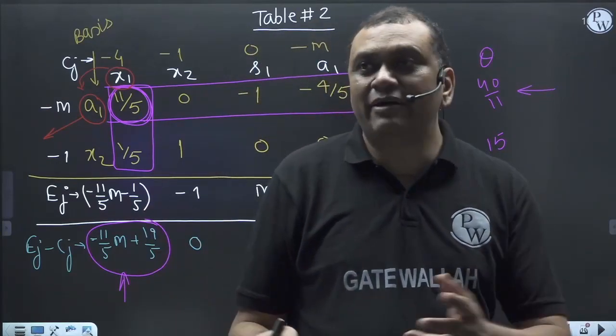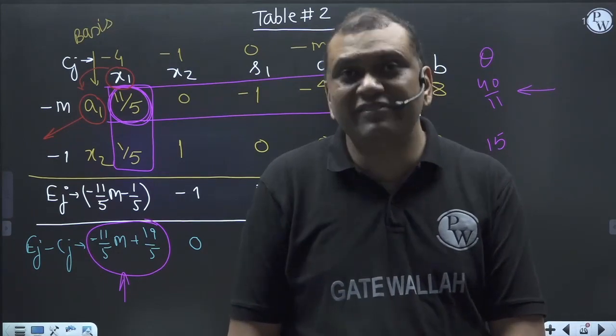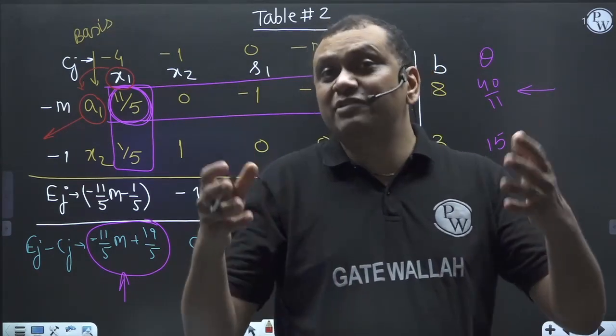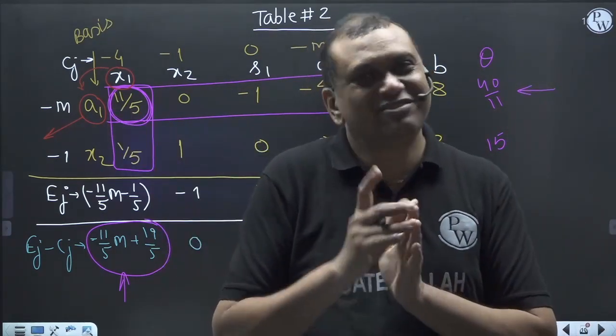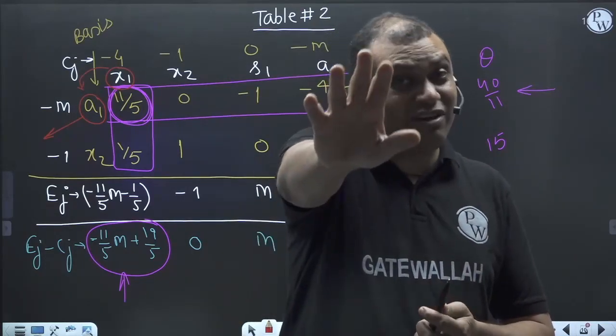It is possible, because we are talking about not a 2 or 3 variable problem, but a 50 to 60 variable problem. So it may happen, and there is nothing wrong with the solution.